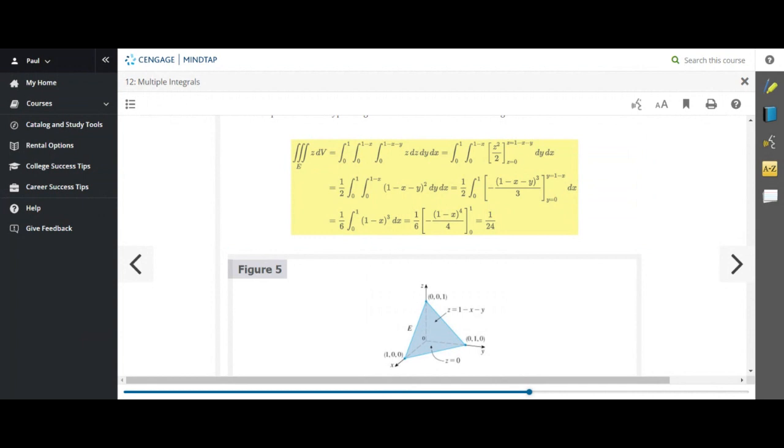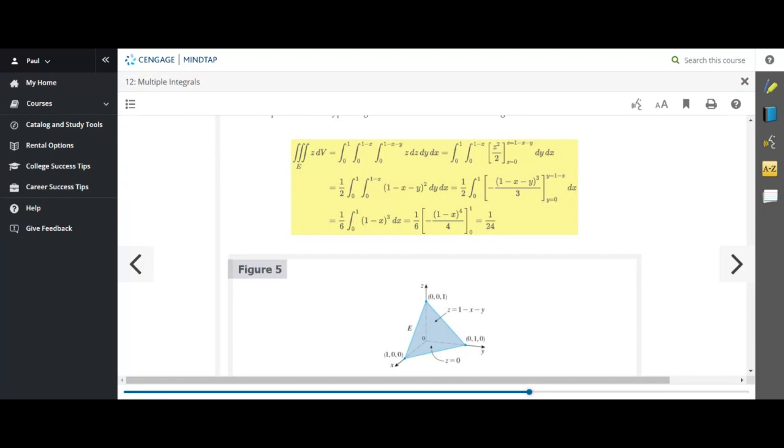They showed some steps, but look at the limits. Let's first of all focus on the limits. So the z limits are from 0 to 1 minus x minus y. Okay, in this example 2. Are we good with that? The z limits: the bottom surface is the plane z equals 0. The top surface is the plane z equals 1 minus x minus y.